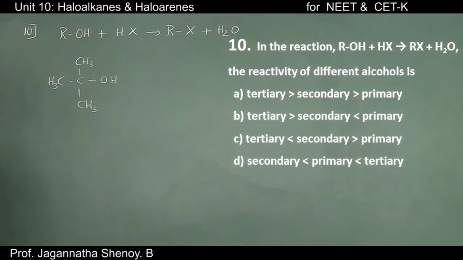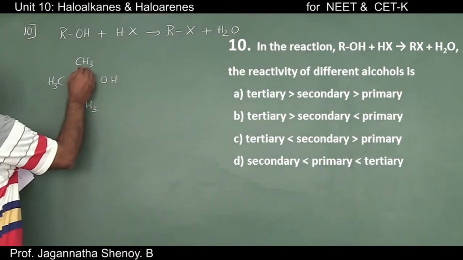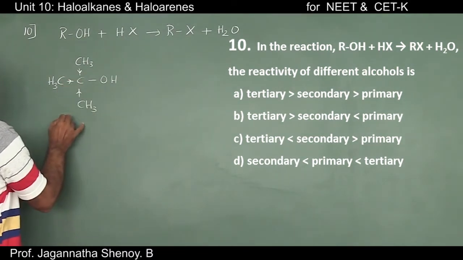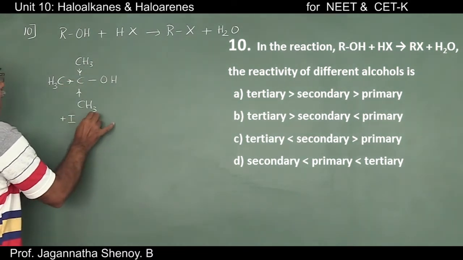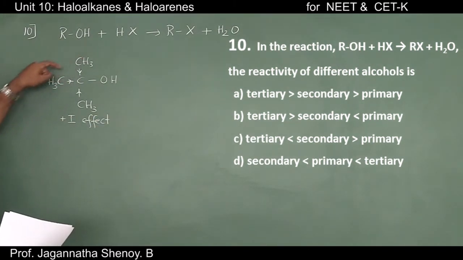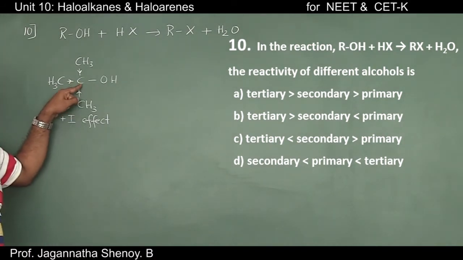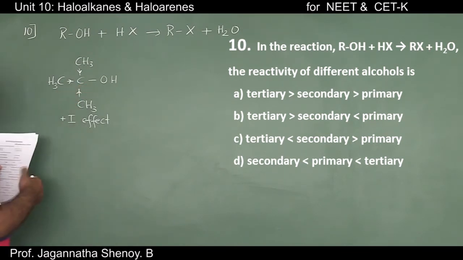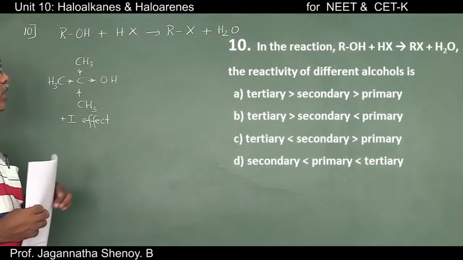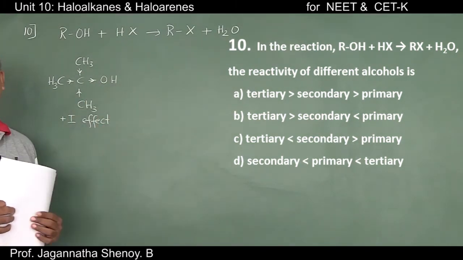What happens in the case of tertiary alcohols is, you have 3 methyl groups, all of them exerting plus I effect. As a result, the electron density on this carbon atom increases. In turn, this carbon atom pushes the electron density towards the oxygen atom of the OH group.